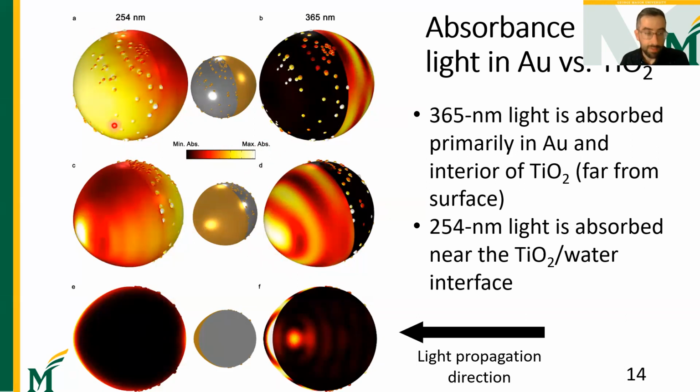And so again, referring back to the short lifetime of the hydroxyl radicals, you generally want to form them where the light is absorbed, and thus you want to have the light be absorbed near the surface. And we can see that that's happening much more in the 254 nanometer case than 365. In the 365 case, again, most of the light is being absorbed by the gold.